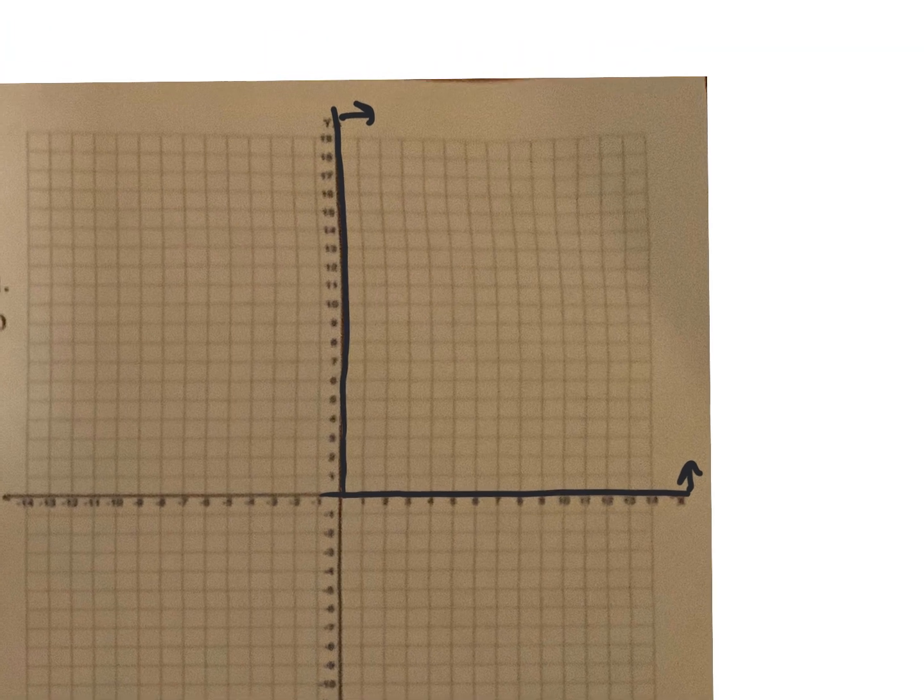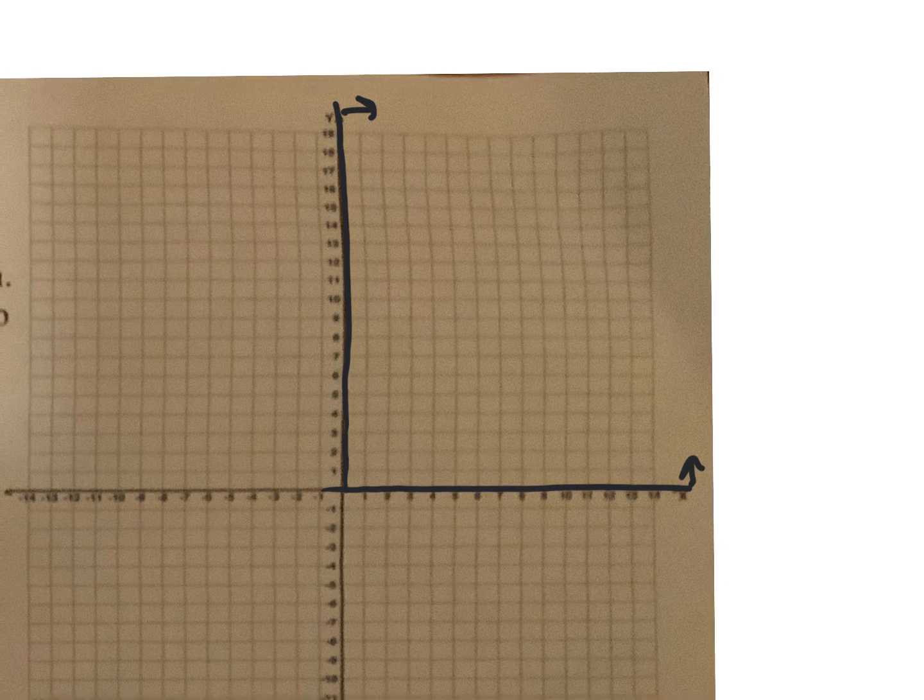So when I go graph this in the first quadrant, my y-intercept was a 5. And then my slope was a -1. So I have this line, and it said that y was bigger, so I would shade up.